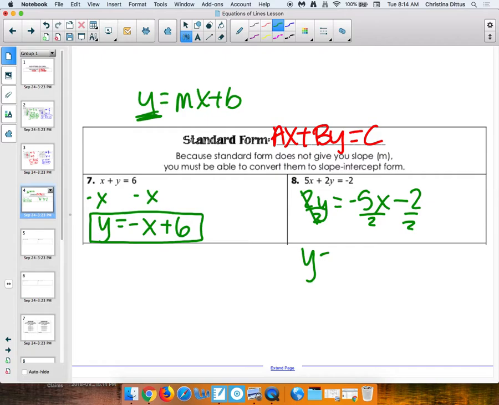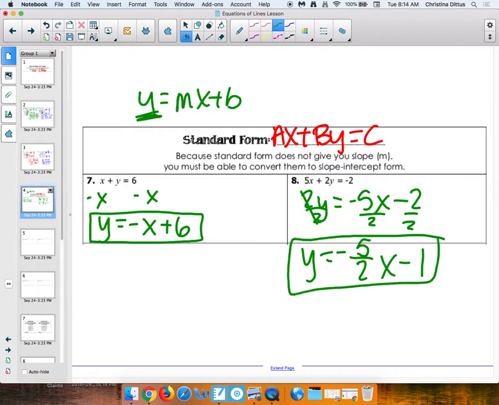So I get y equals -5/2 x, that does not turn out nice, and then -2/2 is -1. So again, I can tell you my slope is -5/2, and my y-intercept is -1. Can you just write 2.5? No. Leave it in fraction form.